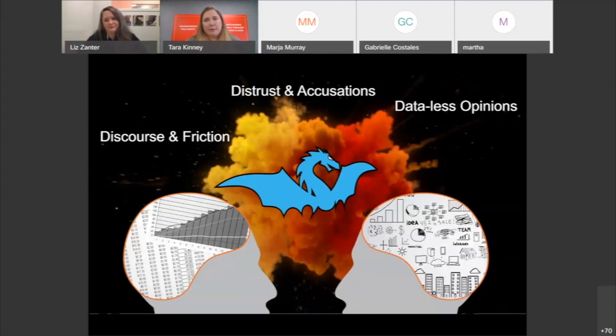Like, you can fix process and data, they don't talk back, but the people problems, they linger, right? They don't go away. If you have distrust and accusations and discourse and friction because everybody's running around making dataless decisions, it is like herding a bag of cats, right? You're just trying to keep everybody together, and everyone's going in all these different directions, which is why we want to invest in KPIs.